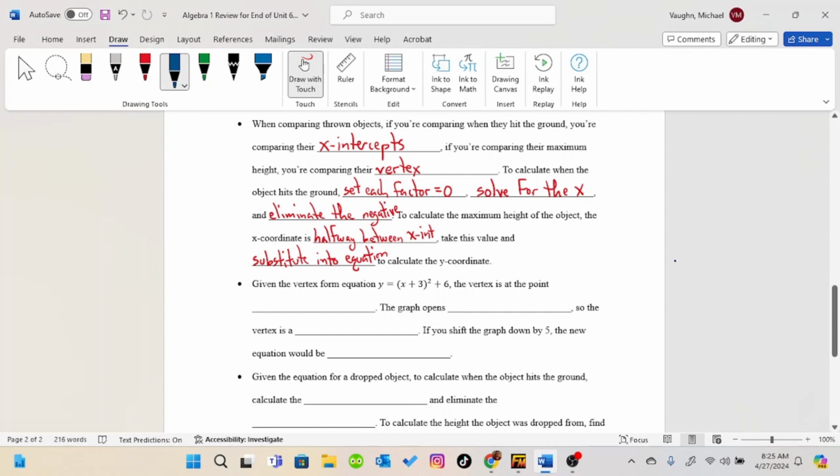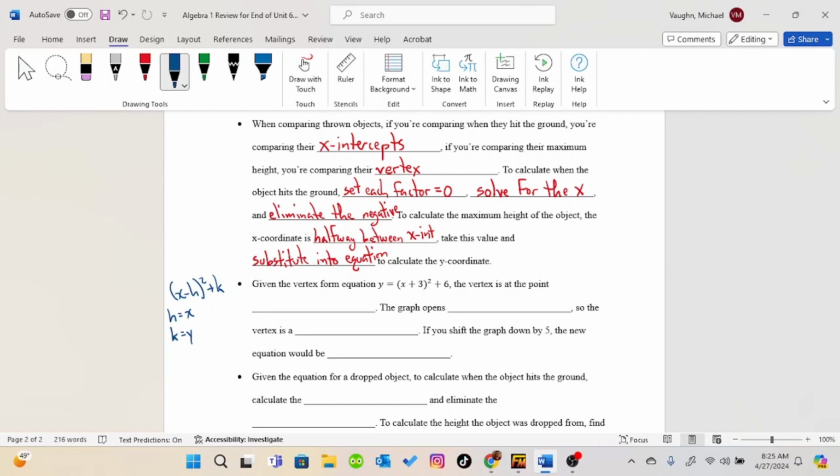Given the vertex form equation, y equals x plus 3 squared plus 6, the vertex is at the point. Remember that vertex form is x minus h squared plus k. H is your x, k is your y.